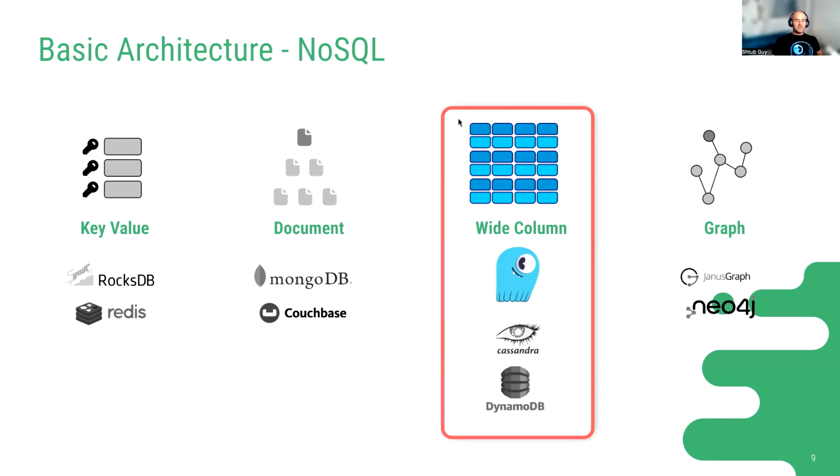And in this family, I chose as examples ScyllaDB, Apache Cassandra, which is a popular database, and Amazon DynamoDB, which is also quite a popular database. And here we can think, sometimes it's also called key value data stores, but we can think of the data as rows and columns as you would expect in relational databases. So it's a bit more complex.